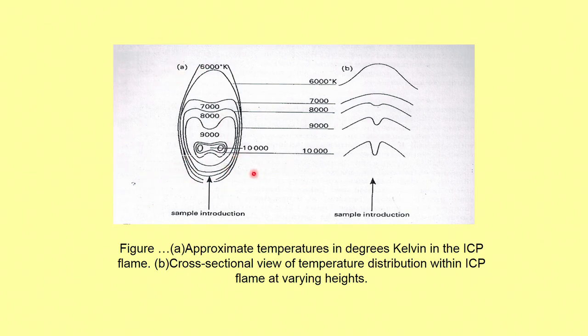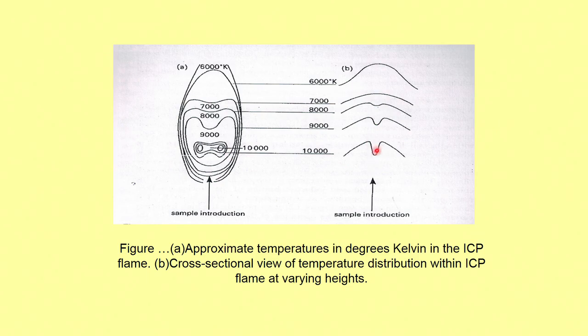So, the profile of how the temperature varies across, not vertically, but across, is shown here, and when the sample is introduced there will be a dip in the temperature. That is why the sample introduction should be as little as possible. Okay. But the temperature comes down drastically the moment the sample is being introduced.